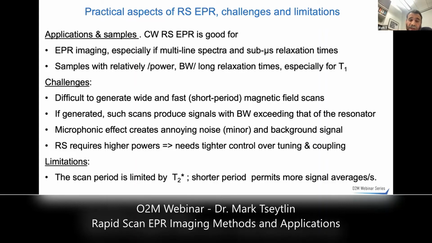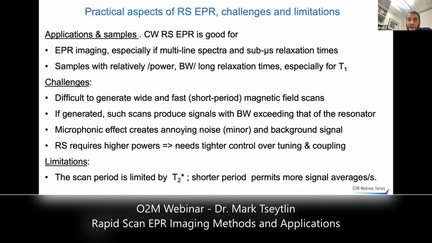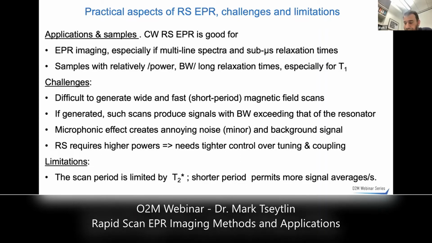Another important thing is that as you increase power, you get a stronger signal, but this is still CW, which means there's a possibility of high reflection. So all tuning and coupling needs to be done much better than in the standard CW case. There's also a limitation in terms of averaging: you need to capture the complete FID, so you're limited by the T2 star time in signal averaging.